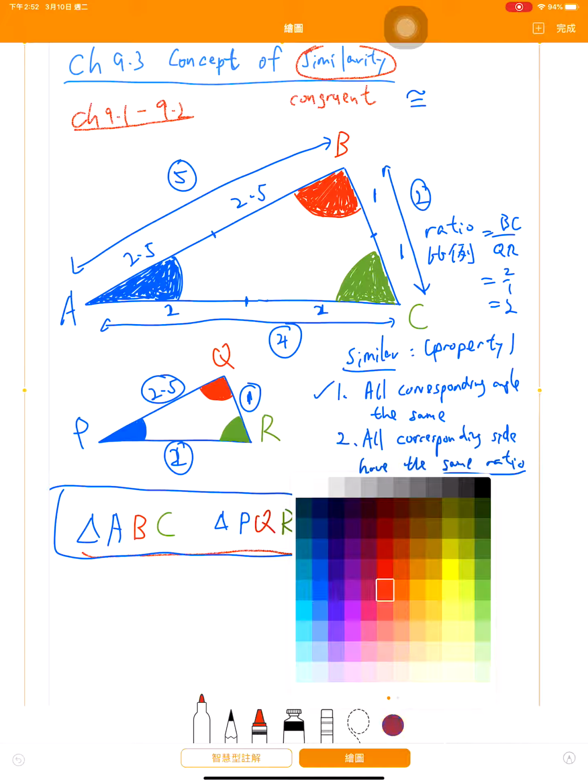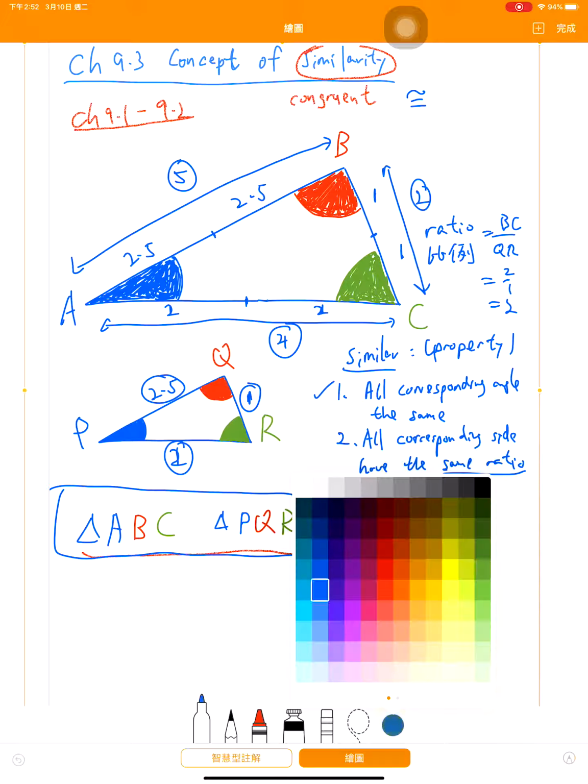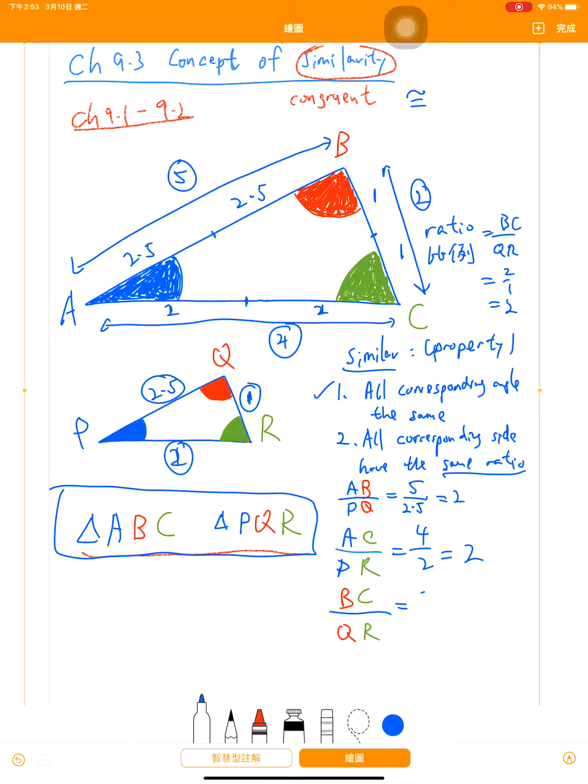For the last ratio, BC corresponding to the green one, QR, will be equal to 2 to 1, which is also 2, right? You can see the ratios are the same, right?